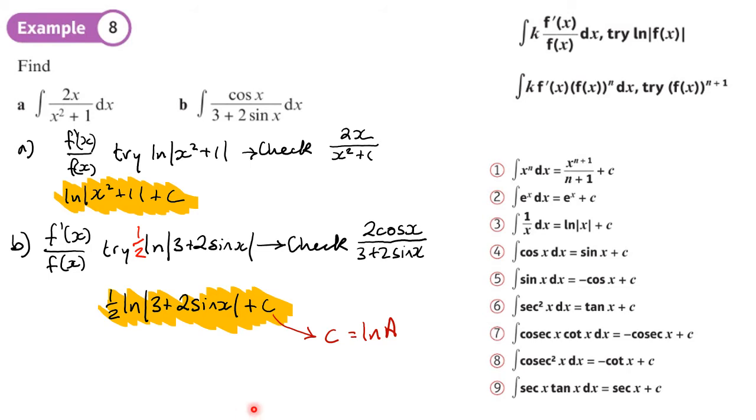They're both constants. The advantage with writing c as log a is that it can then be put together with this. So you'd have the log of this plus log a, and then you can use the rules of logs to put those two things into one expression, which may be useful.